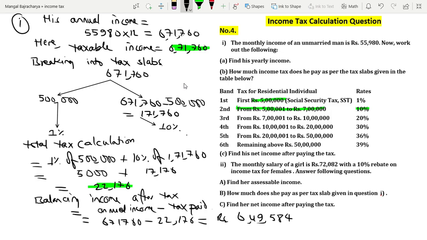So we did the answer of the first question, and now we go for the second question. So for this second question, now I erase the answer of the first one.